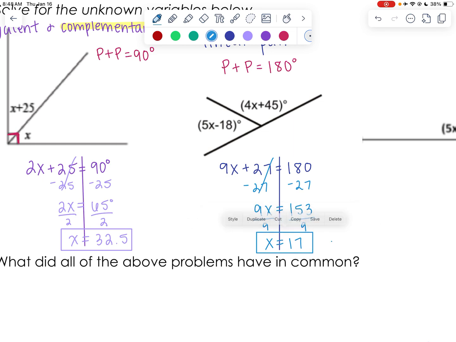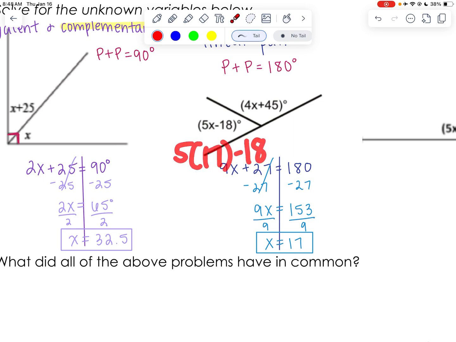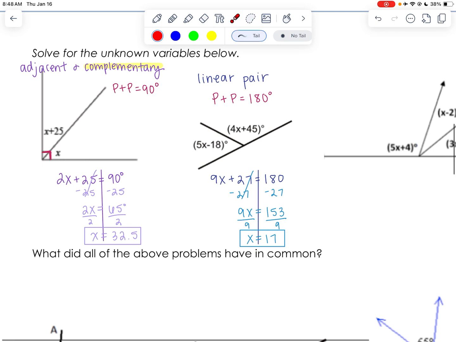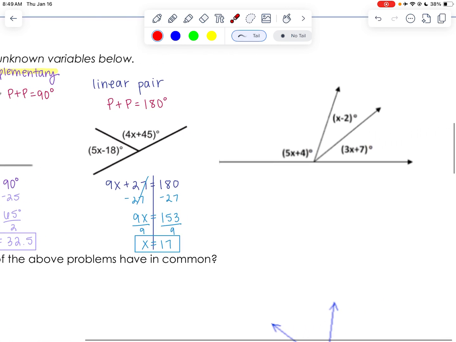Now, if the problem had wanted you to find each angle, that's where I would take 17 and plug it back in and find out what 5 times 17 minus 18 is. But this just said solve for x, solve for the unknown variable. So that's it. Now, taking a look at this next one, they're all sitting on a line together. But there's 3 angles, not 2.